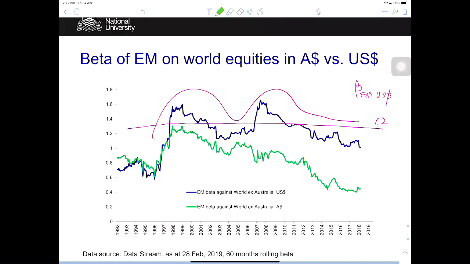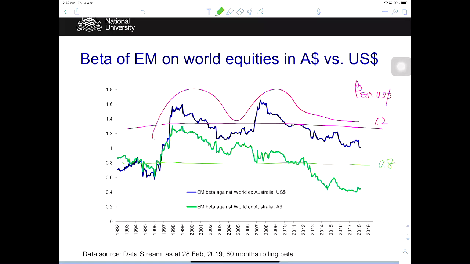I have time series data in AUD, so I convert all of my investment back to Australian dollar and estimate the beta again, and here it should be 0.8, maybe 0.8 or 0.9. So that's the average.